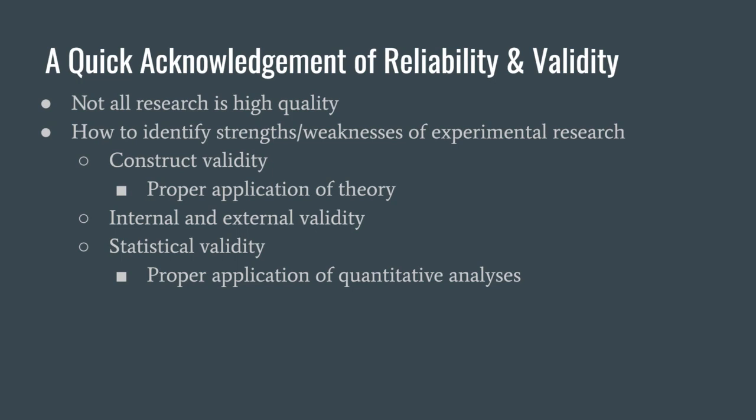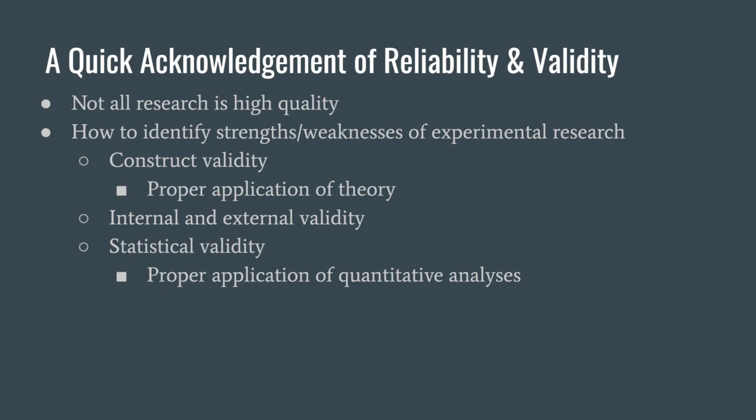One way to identify the strengths and weaknesses of experimental research is to look at the different types of validity. So you have construct validity, which refers to whether or not you're measuring a construct that you think you're measuring. This is really relevant to Jenna and my work in social sciences, where we're looking at maybe a psychological construct, right?